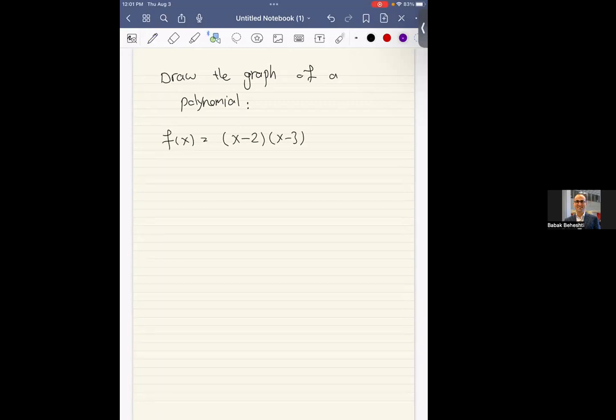Basically, once you know all of the x-intercepts, you can draw it, and you can repeat this for higher order polynomials, like of degree 3.